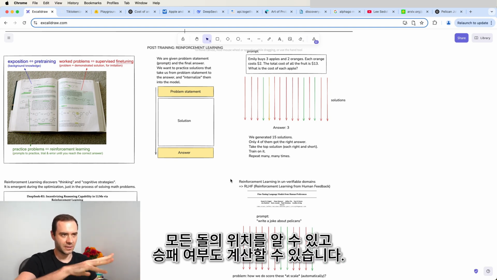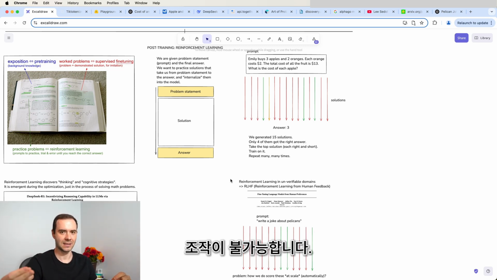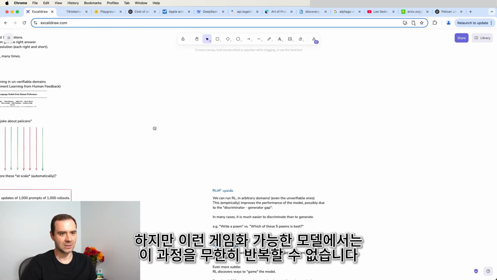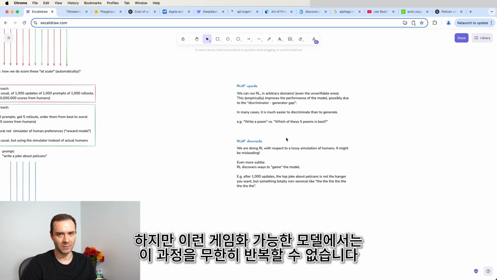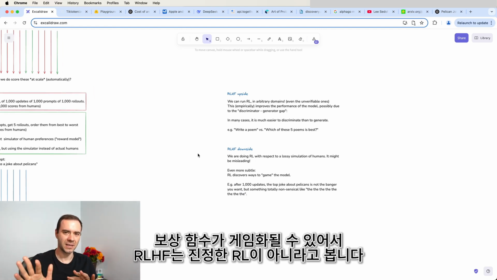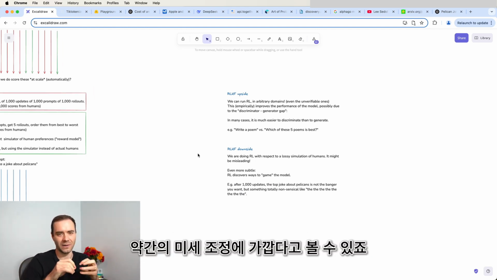We know where all the stones are placed, and we can calculate whether someone has won or not. There's no way to game that. And so you can do RL indefinitely, and you can eventually beat even Lee Sedol. But with models like this, which are gameable, you cannot repeat this process indefinitely. So I kind of see RLHF as not real RL because the reward function is gameable. It's more in the realm of little fine-tuning.